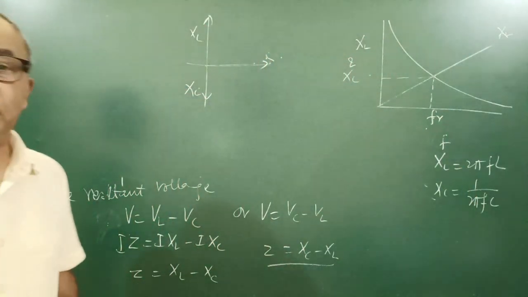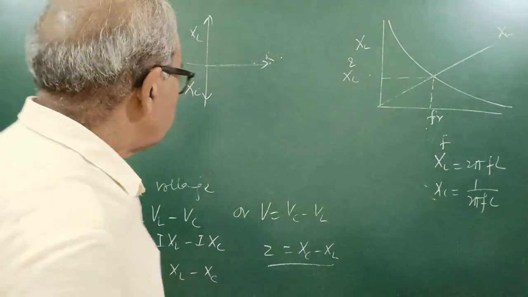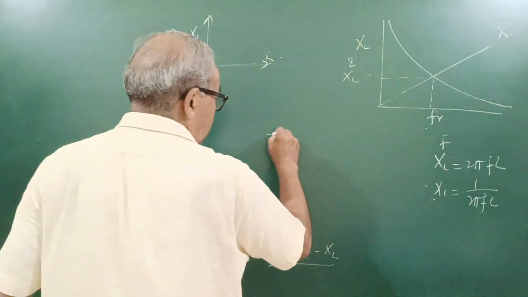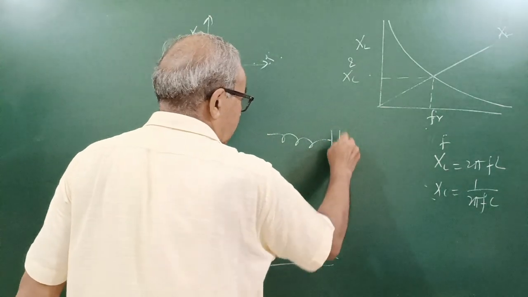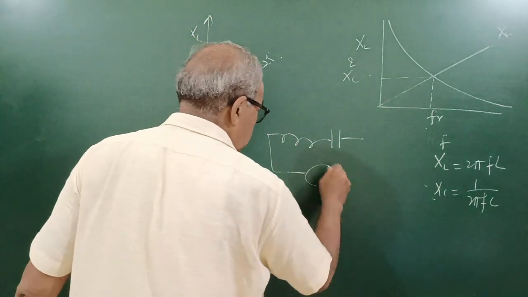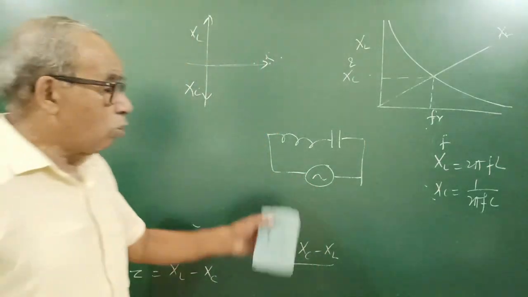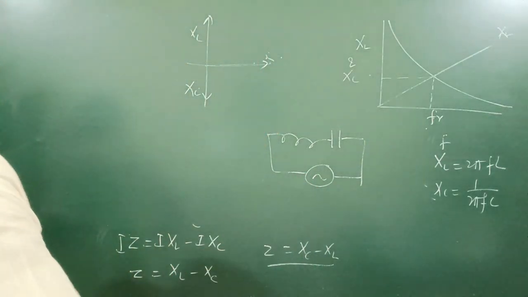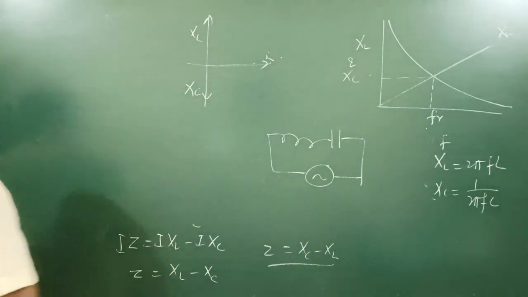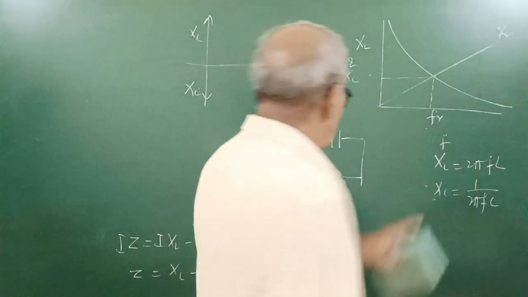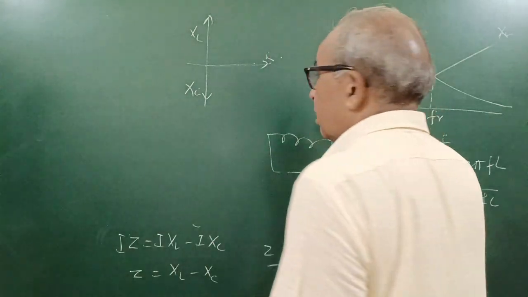I will tell what is the meaning of resonance. So when an inductor and capacitor are connected to an AC source, if we have a source of variable frequency, then at some frequency of the source, they will be equal.